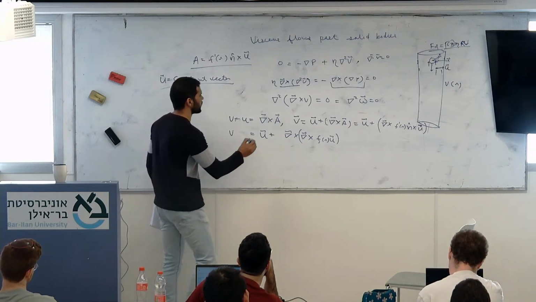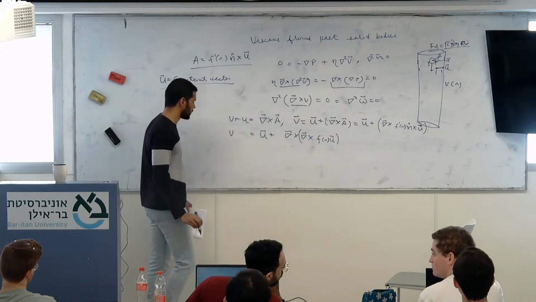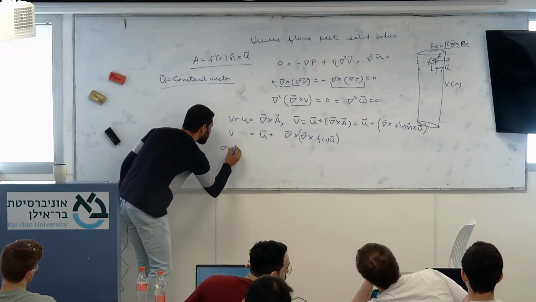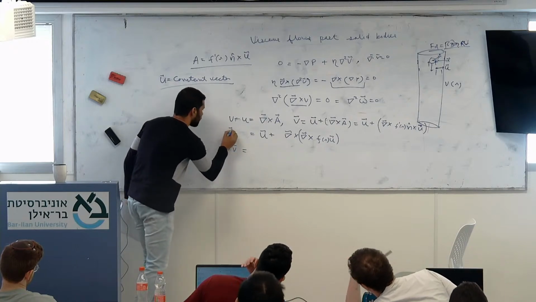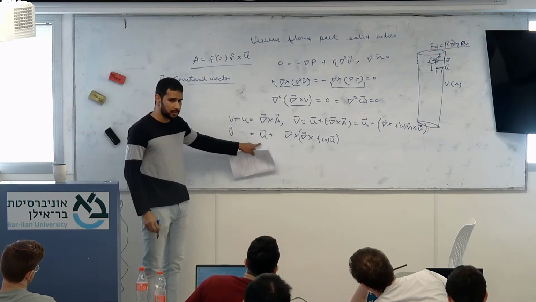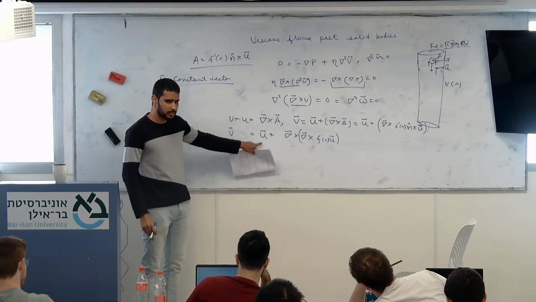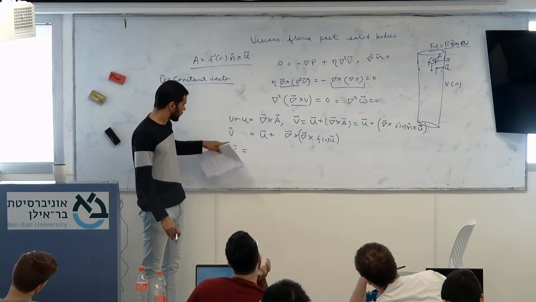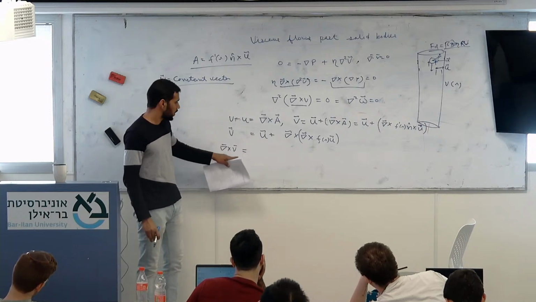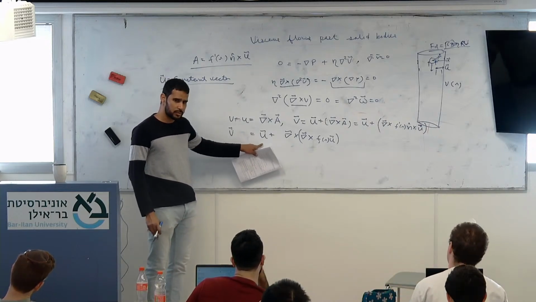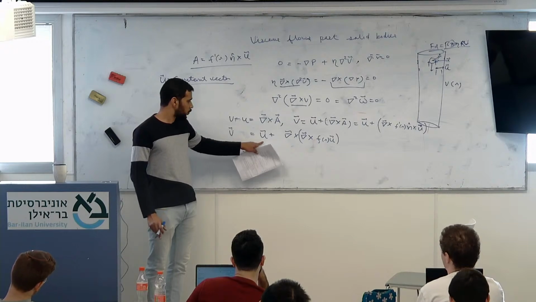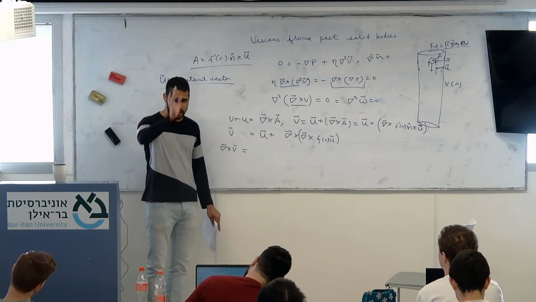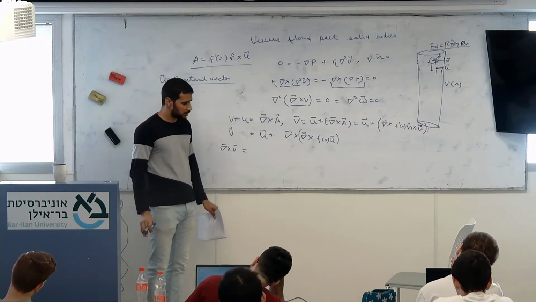Now we have to find this del cross v. When I find del cross v, what will be the first term? Is it del cross u? What is del cross u? 0. Okay. Fluid is just going in a linear direction. It doesn't have a curl.